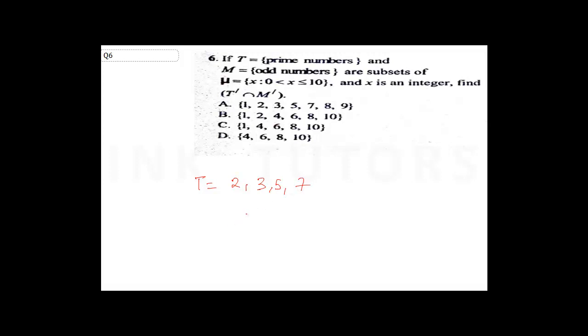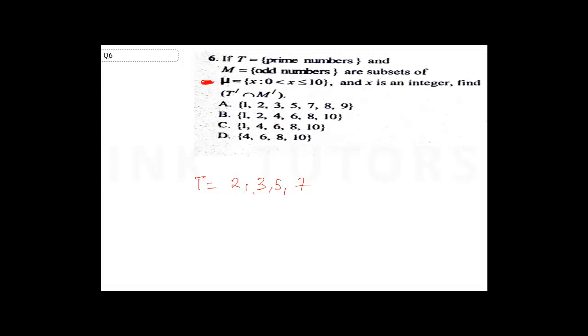These are the prime numbers between, because the universal element is saying x is greater than 0 and x is less than or equal to 10. So t is going to be 2, 3, 5, 7.